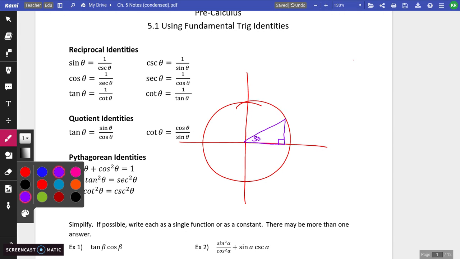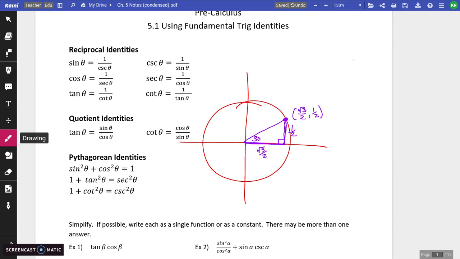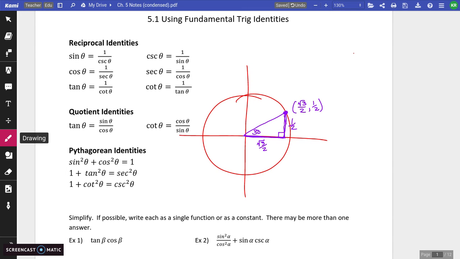Here's my 30-degree angle. Here's the ordered pair. The coordinate for this ordered pair is going to be root 3 over 2 and 1/2, because from here to here, you would go to the right root 3 over 2, and then you would go up 1/2.